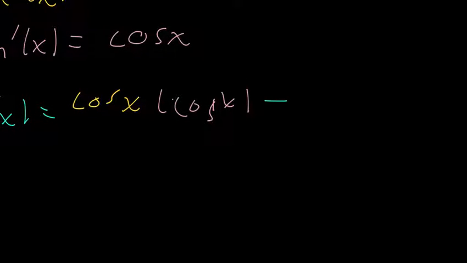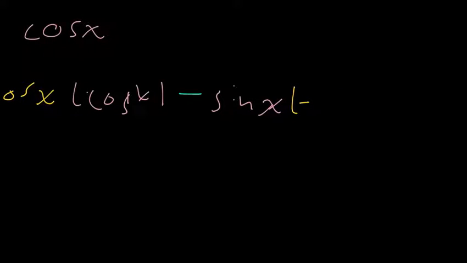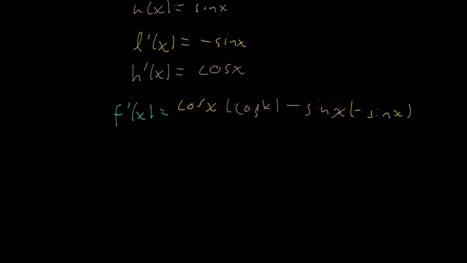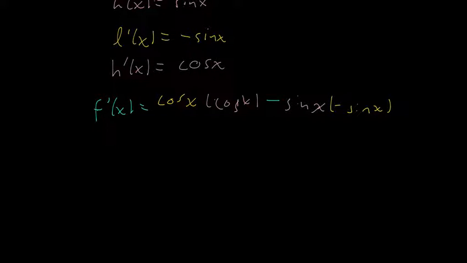So then we'll have sine x times negative sine of x. Alright, and this is all going to be divided by cosine of x squared. So over cosine x squared.